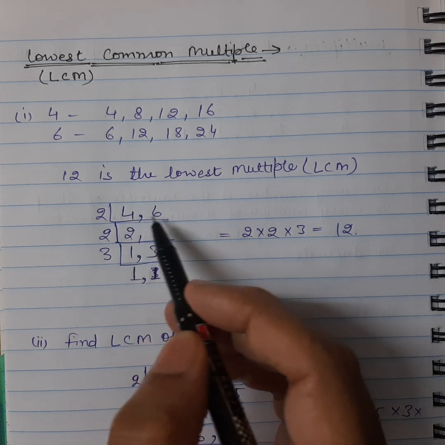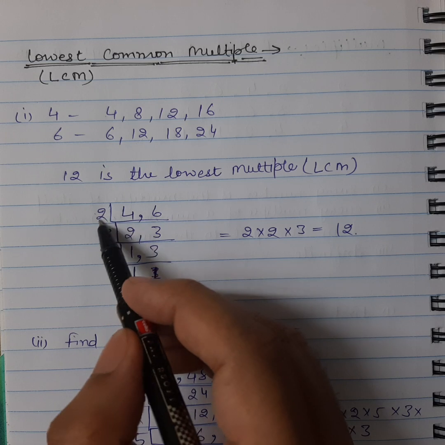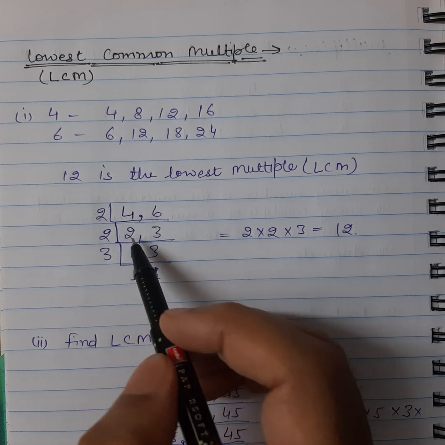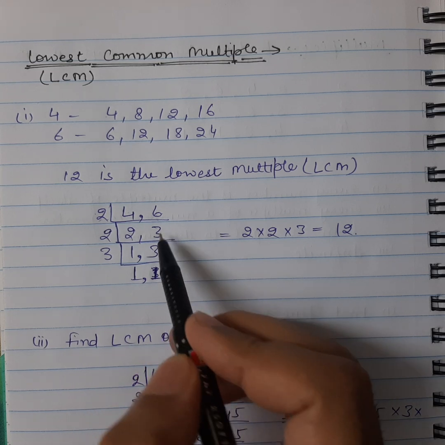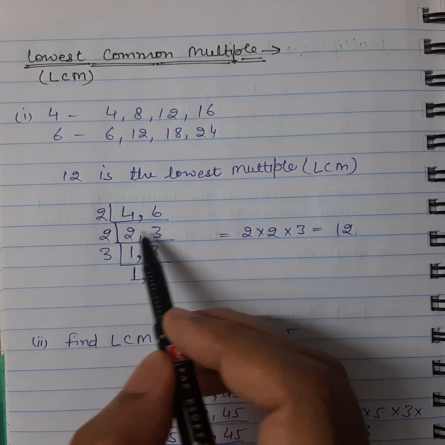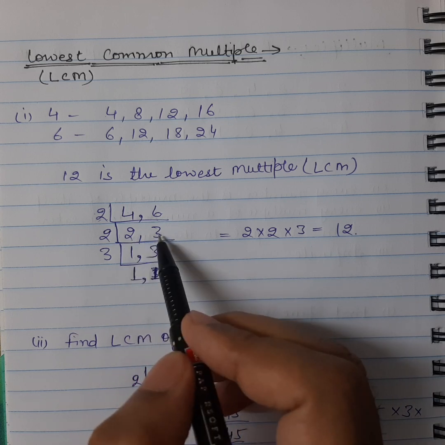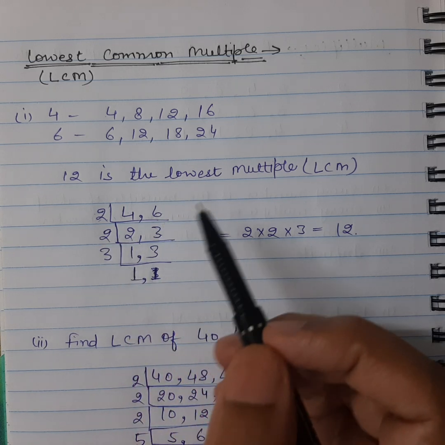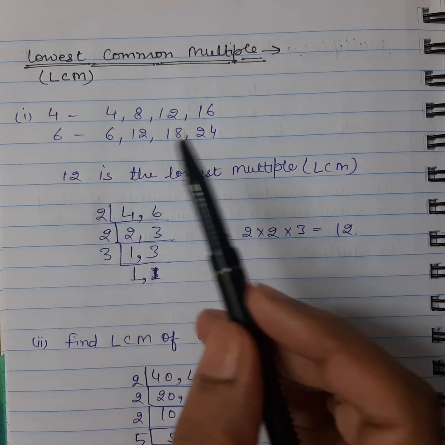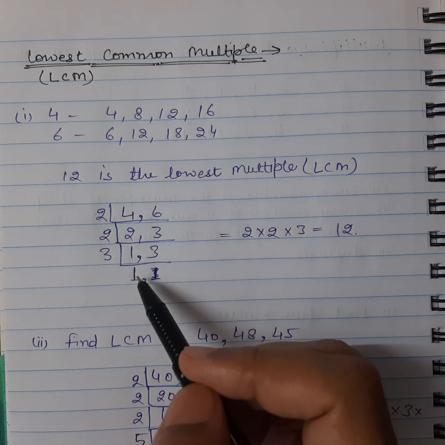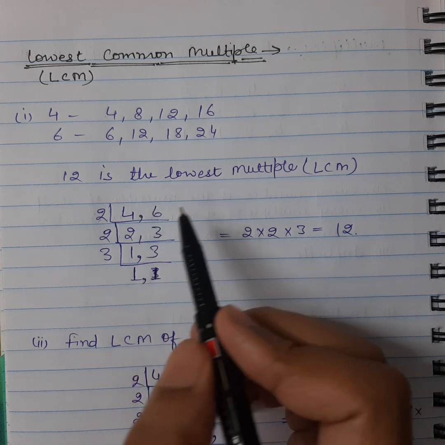Let's write 4 and 6 and divide them by 2. If we divide 4 and 6 by 2, we get 2 and 3. In factoring, we would stop here because there is nothing common in 2 and 3. But when we calculate the lowest common multiple, we keep going until there is 1 at the end.